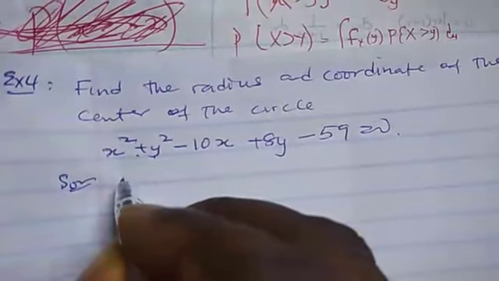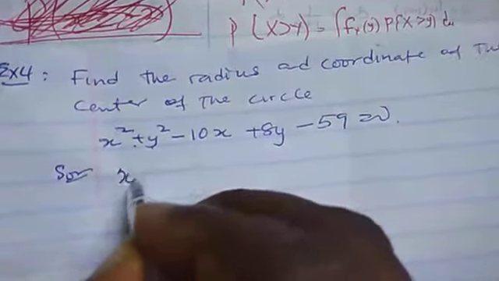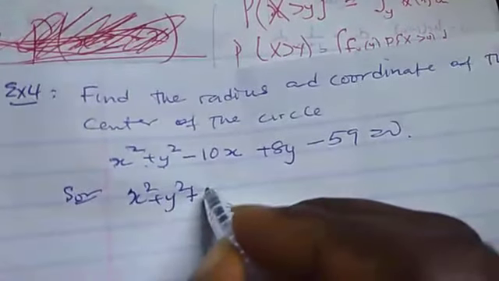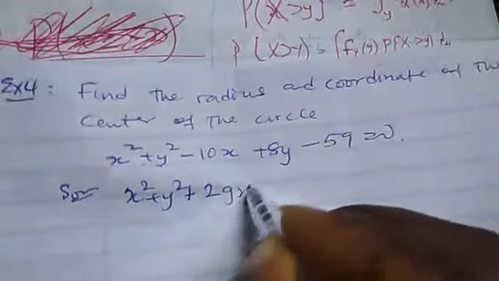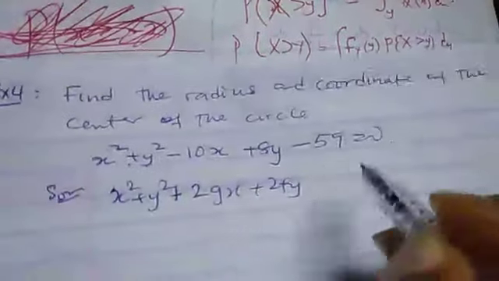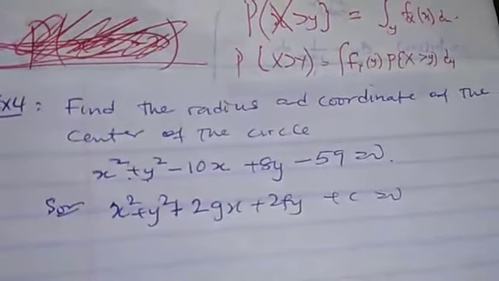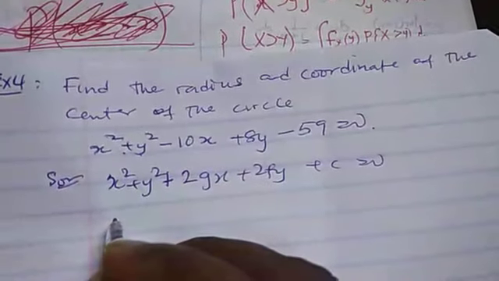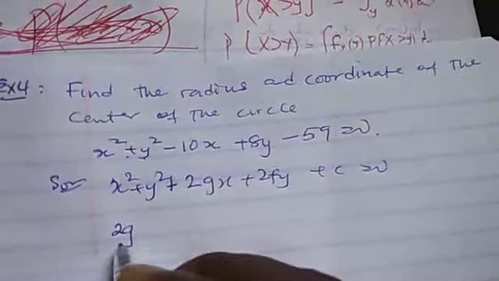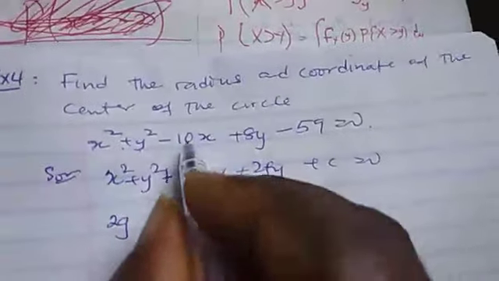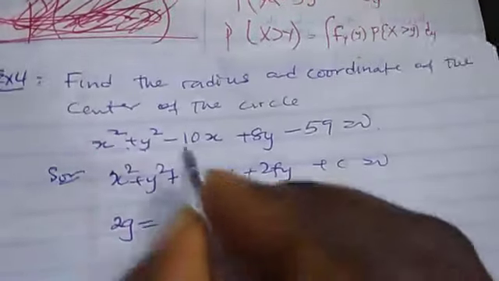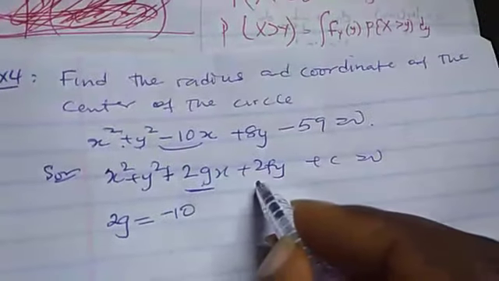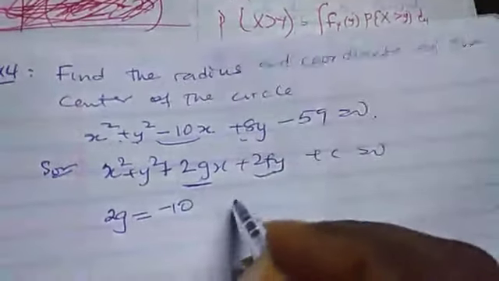Let's recall that the general form of a circle is written as x squared plus y squared plus 2gx plus 2fy plus c is equal to 0. Immediately we can know our g by saying that 2g is the coefficient of x. We equate it: 2g is minus 10. Also 2f is 8.